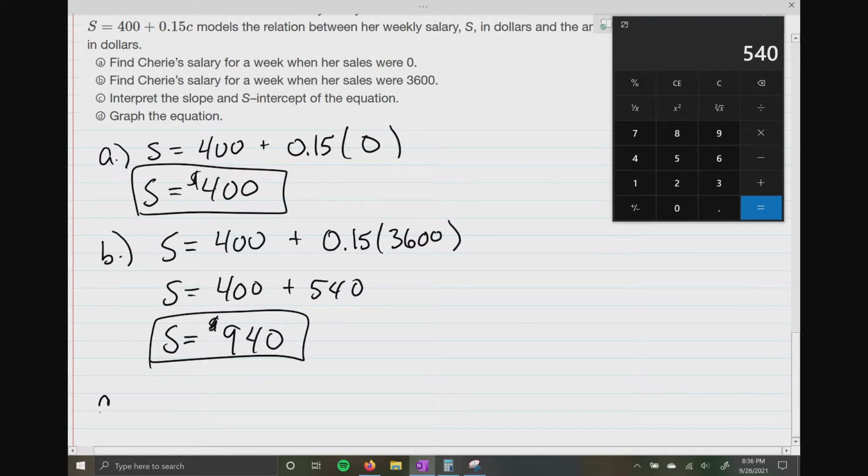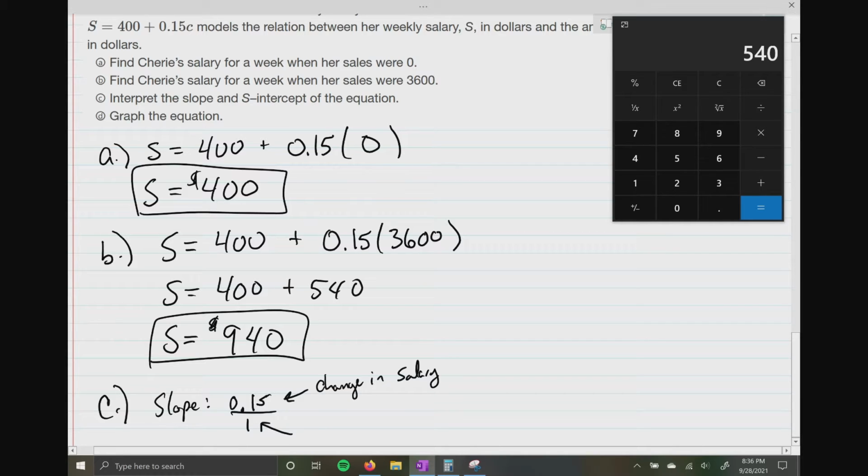Now, part C, we're going to have to interpret this again. So for the slope, well, our slope is a positive value. It's 0.15 over 1. And remember, the numerator will be, in this case, change in salary.